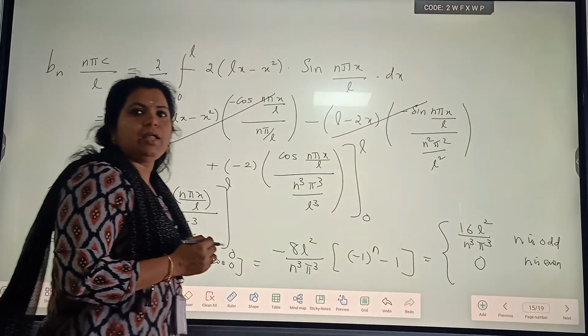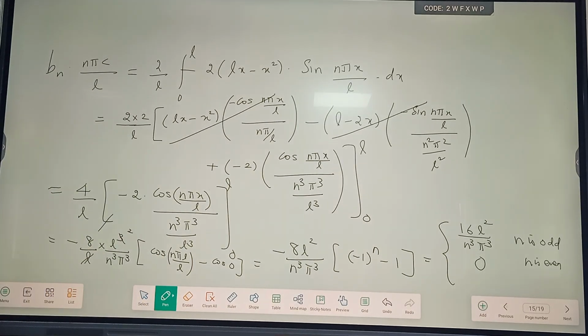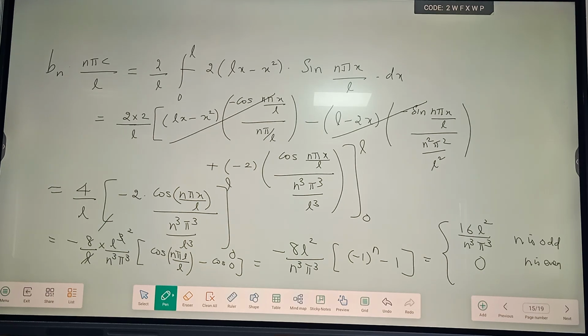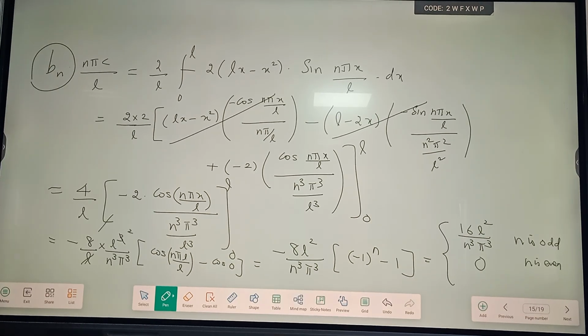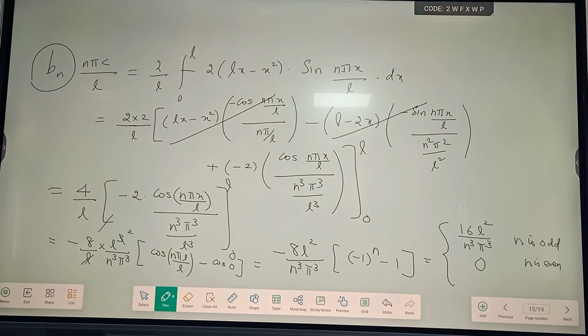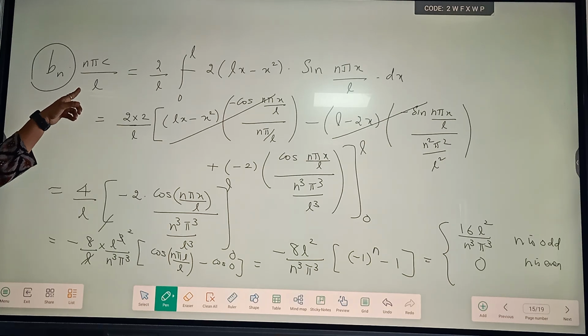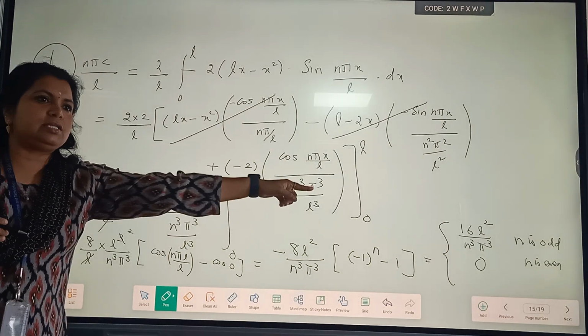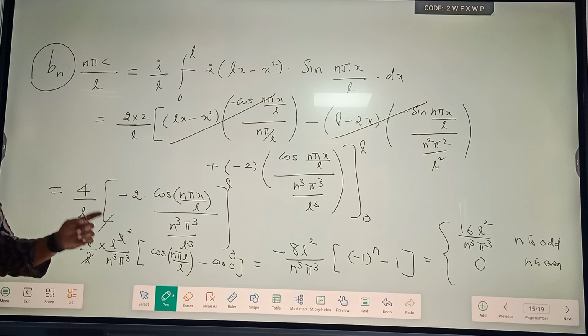When n is even, you are getting 0. But actually, what are we going to calculate? Only Bn. So what about n pi c by L? Bring the term to the other side. So what will happen?